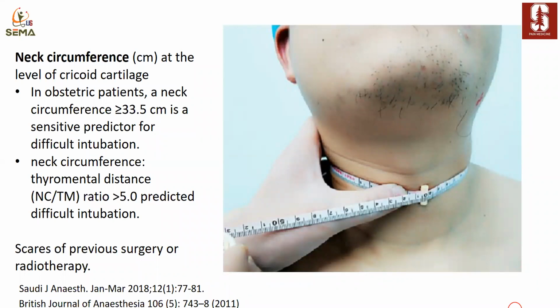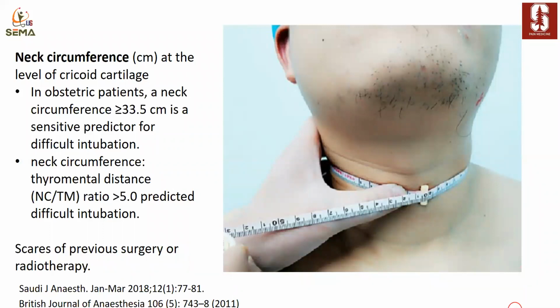So there is really no consensus on what the legit cutoff is, but you get an idea. And other people took this even further and divided the neck circumference over the thyromental distance and said, okay, if the ratio is more than 5, then this is a good predictor of difficult intubation.